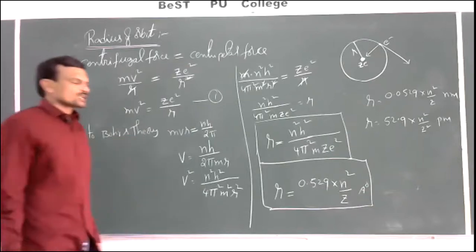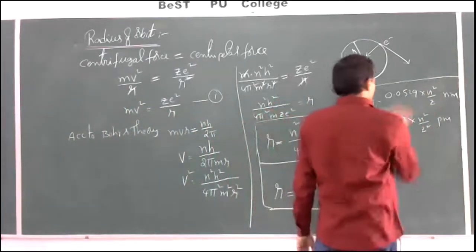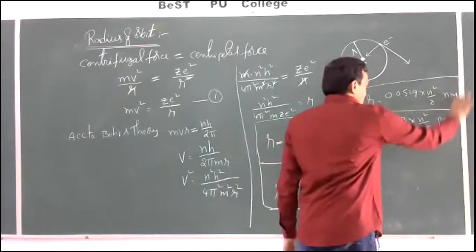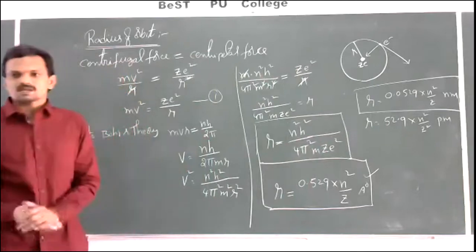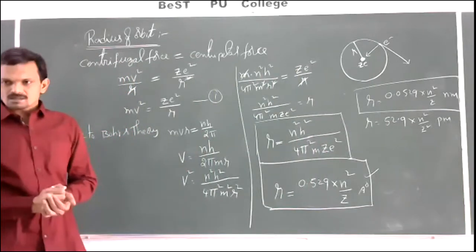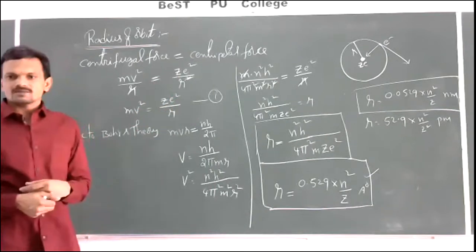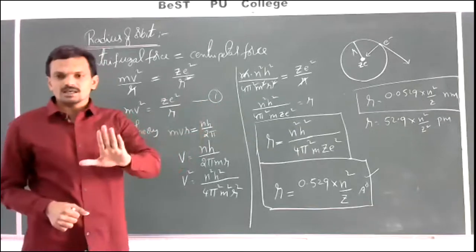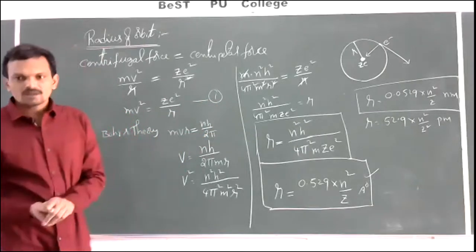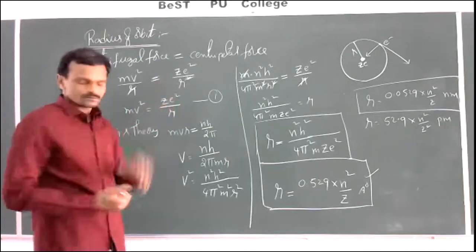Most commonly, the radius is expressed in either angstroms or nanometers. So this is the derivation for the radius of the orbit. This derivation part they will not ask in any examination, either PUC or objective. How the equation is obtained, I have shown here.